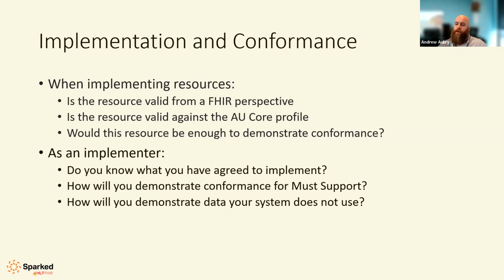And how will you demonstrate the capability to populate those elements, especially for data your system does not use? For example, on AllergyIntolerance, if category is not something your system uses, as a responder you are still obligated to prove capability to populate that element.